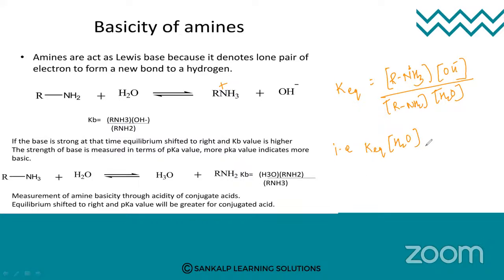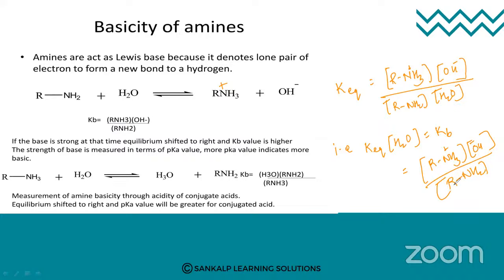So what will be the Kb? The Kb is given as RNH3 plus times OH minus, divided by RNH2. So this is our equilibrium constant.